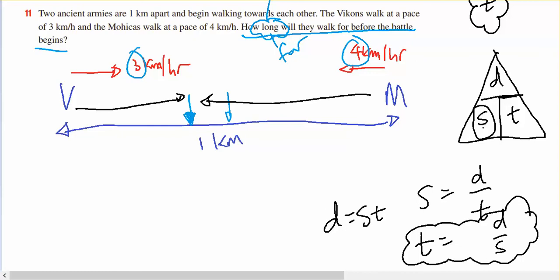So what I might like to do is call the distance that this group walk x, and the distance that this group walk, well, that's going to be 1 minus x, because if this group walks x and the total distance is 1, these two added together need to give me 1. And the time of one army will equal the time of the other army because they will get to the same place after walking the same amount of time.